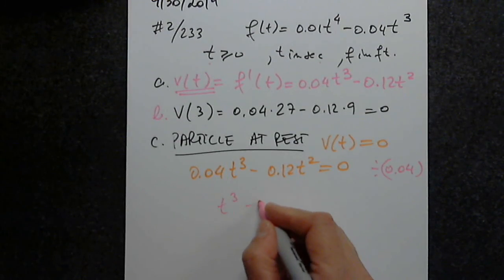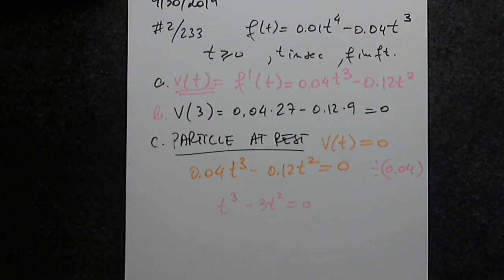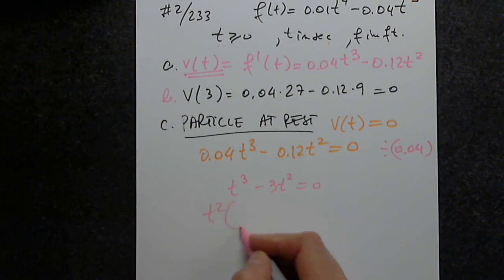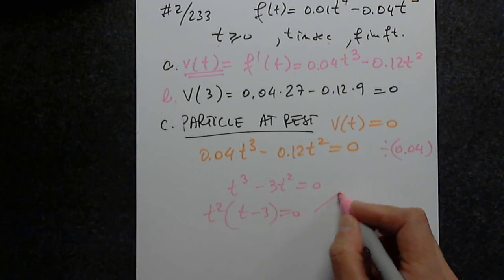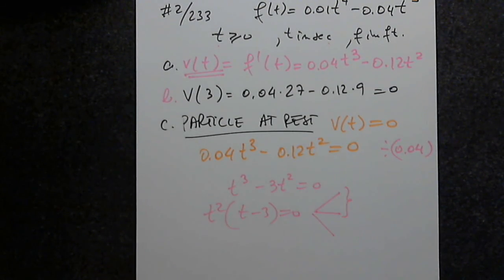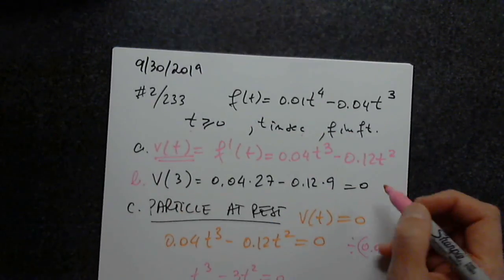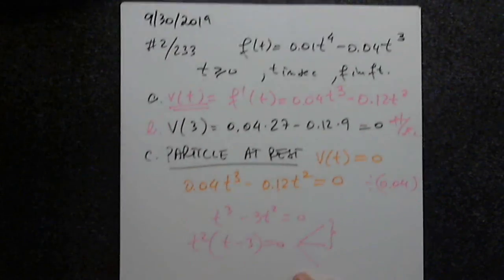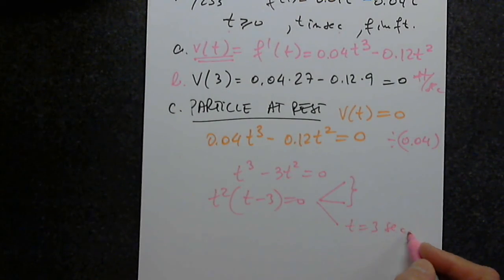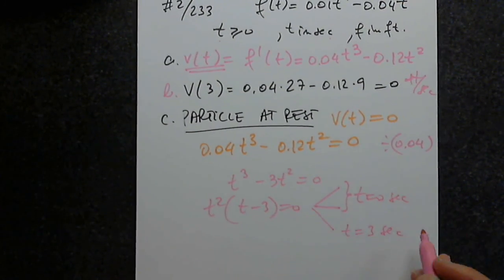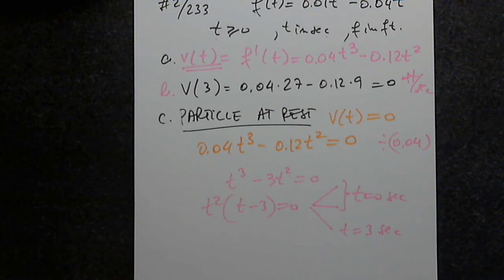And I have t cubed minus 3t squared equals 0. I can never divide by t, so I will factor. And I get 3 options, but obviously 2 of them are the same. So I get t equals 3 seconds, and t equals 0. So initially, the particle is at rest, and it happens that after 3 seconds, it's also at rest. Question so far?